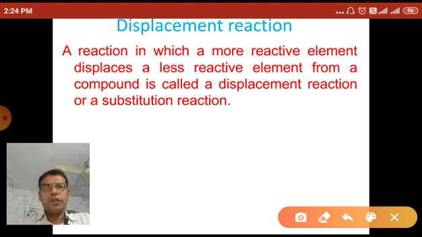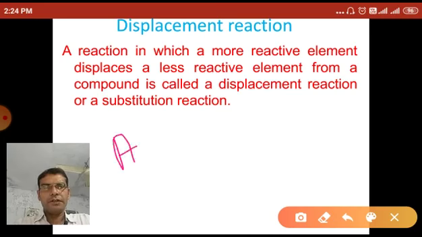So, in a displacement reaction, a more active element displaces a less reactive element from its compound and forms a new compound. That reaction is called the displacement reaction.